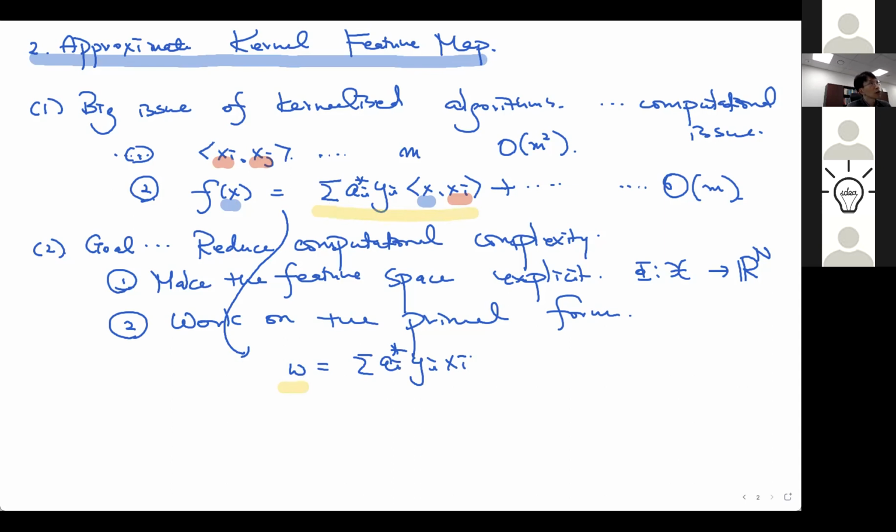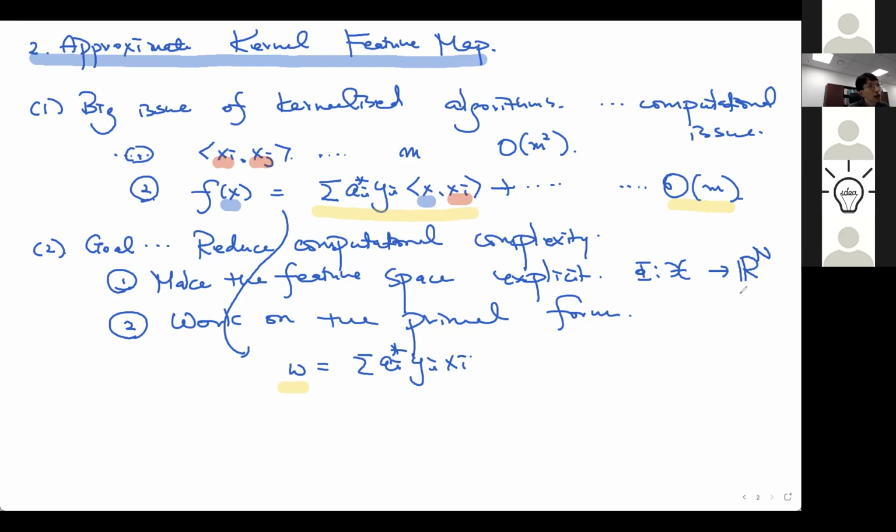But instead of just remembering W, we indirectly express the use of W in terms of inner products. That's great because it allows us to use infinite dimensional space and so on. But on the other hand, if the size of the sample is very large, that can be very expensive because, as I said, the complexity of computing this is order of m, and if m is very large, it can be intolerable.